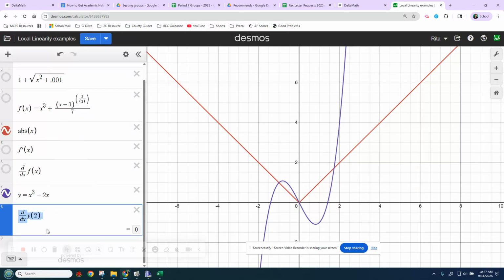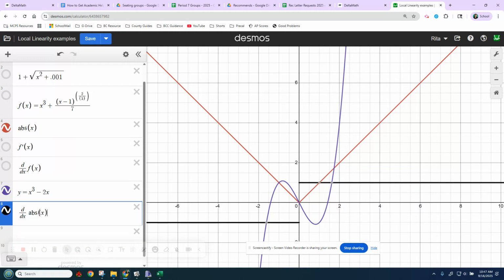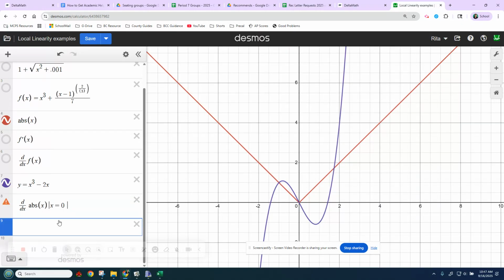Try and make Desmos, if you're on it, or your calculator, do the derivative of the absolute value at 0. Nope.